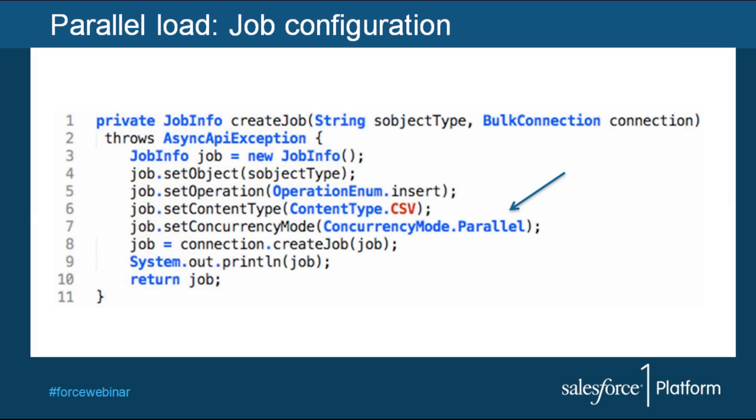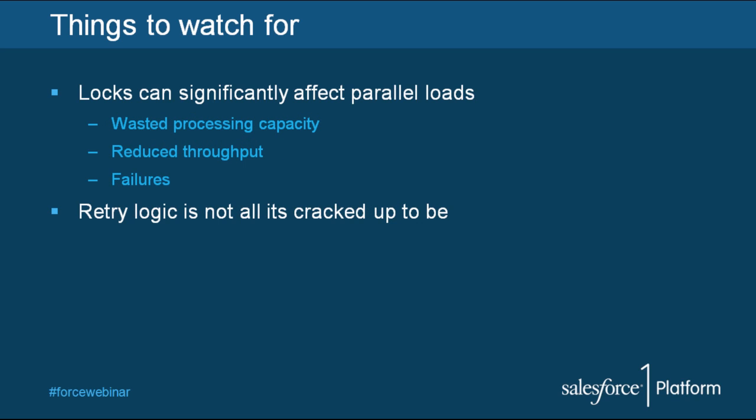Okay, so Sean, I'm going to turn things over to you in a minute here, but I want to tell everybody to watch for a few things, because Sean's going to run through and show how locks can significantly affect the effectiveness of parallel loads. You're going to see a whole bunch of wasted processing capacity, which results in throughput that we're not looking for, and it's coming from a bunch of failures.